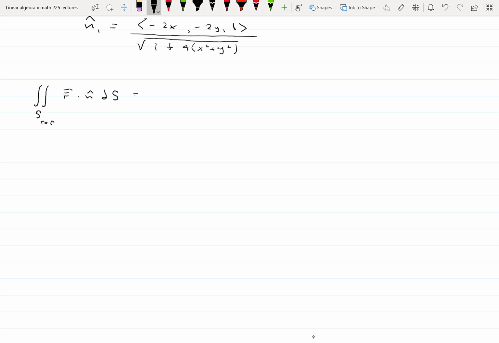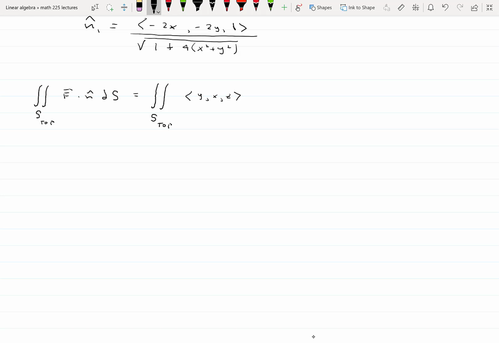Okay, so let's go ahead and substitute these quantities. So this is S top. The F is y, x, z. So at the point x, y, z, the vector field is the vector whose components are y, x, and z. You could interpret this as the velocity vector of a fluid at the point x, y, z if you want to, but it's not necessary.